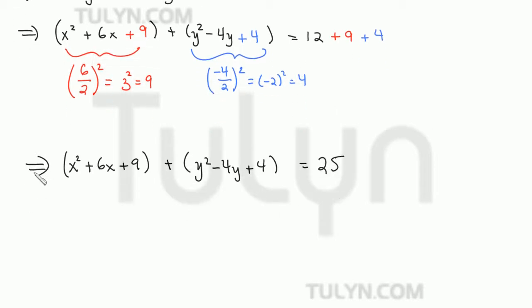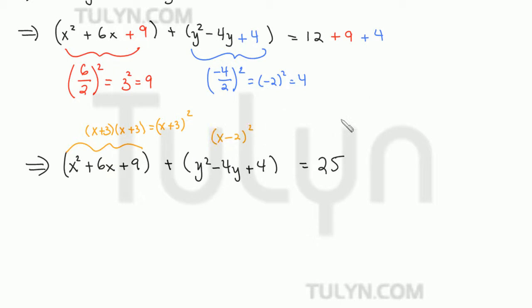So now, notice that in x and y, these two are perfect square trinomials, right? Which means that when you factor them, this is going to give us x plus 3 times x plus 3, which is also known as x plus 3 squared. And similarly, in the y, you're going to get what? Y minus 2 squared, excuse me.